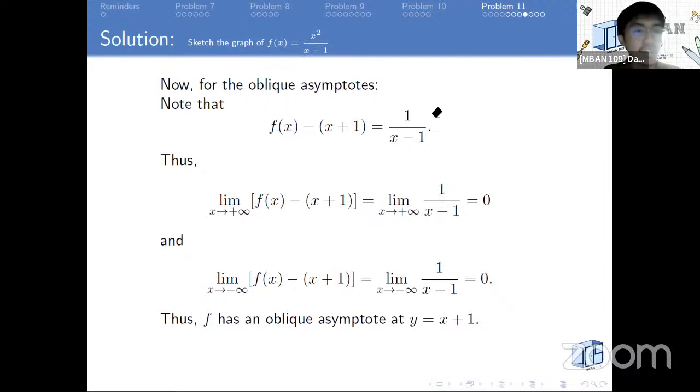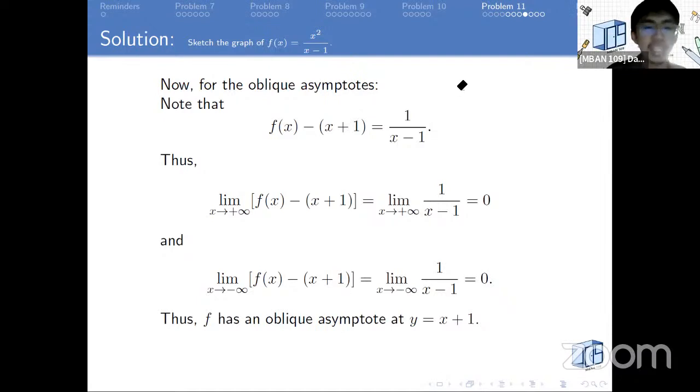Alamin nyo kung ano yung behavior ng mga asymptotes nyo kapag yung degree ng numerator at degree ng denominator ay nag-iiba.